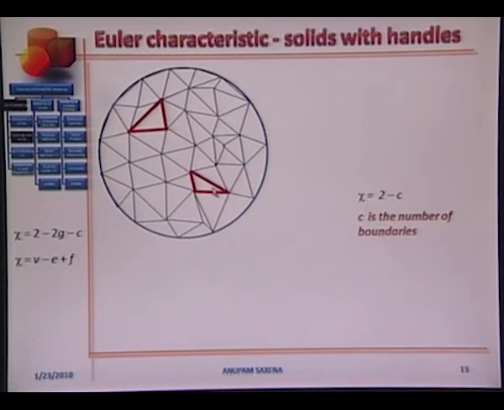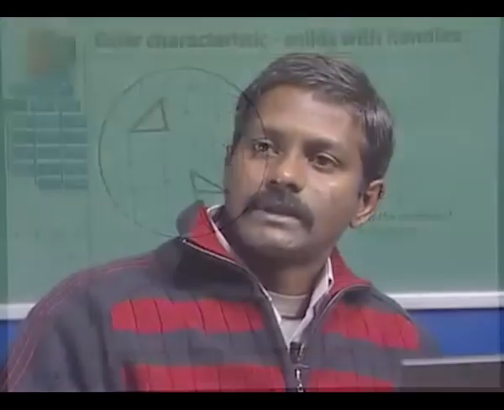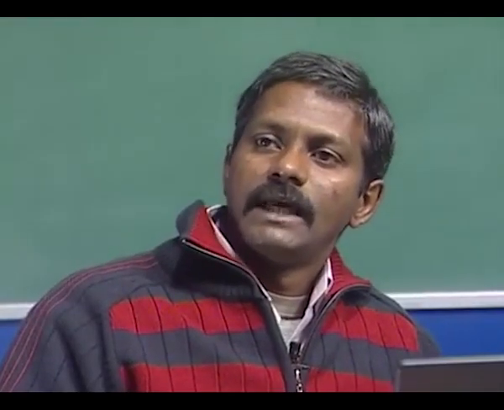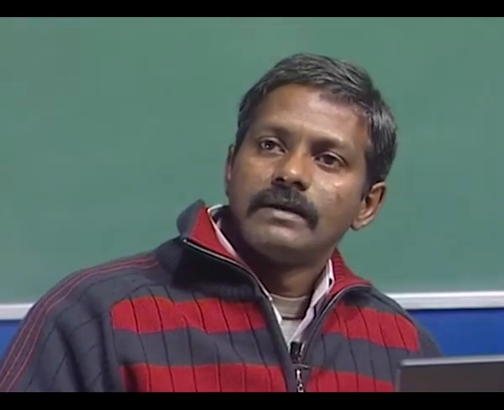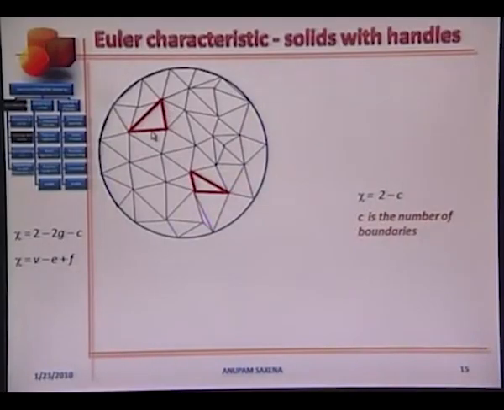We can generalize this result. We can keep on adding these boundary components, and we can keep on decrementing the Euler characteristic. In general, chi would be 2, which is the characteristic for a solid surface without any boundaries, minus the number of boundary components, just in case we happen to introduce boundary contours like these.